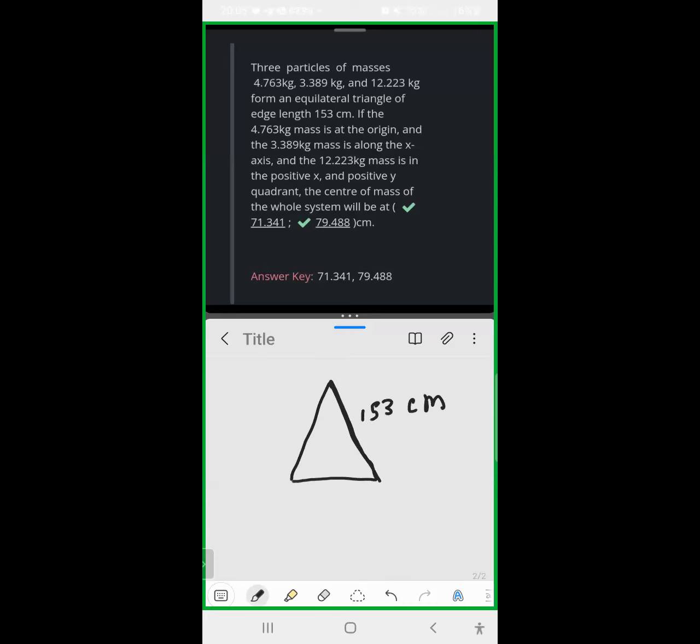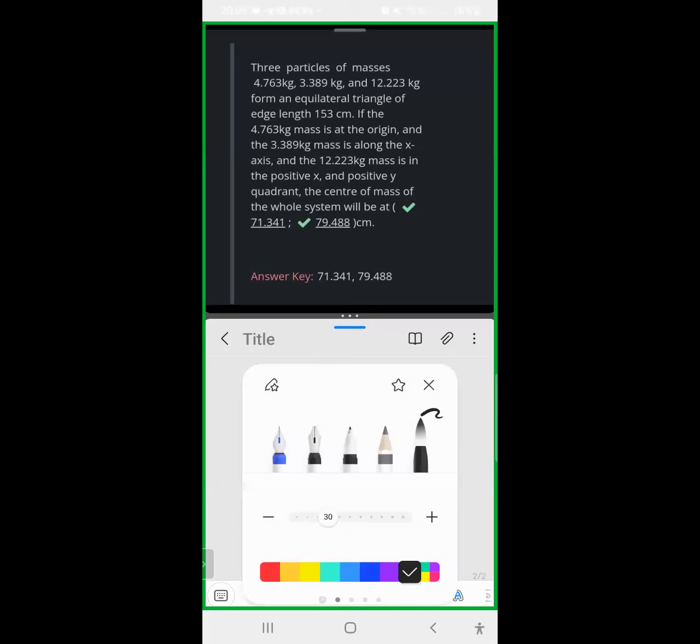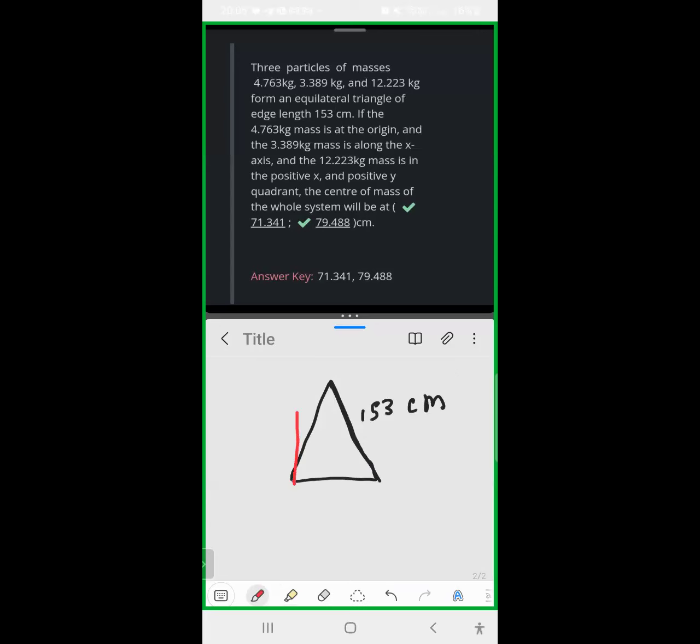If the 4.763 kg mass is at the origin, we are also given that. Let me draw the Cartesian plane. This is our Cartesian plane, this is the x-axis and this is the y-axis. So we are given that the 4.763 kg mass is at the origin.